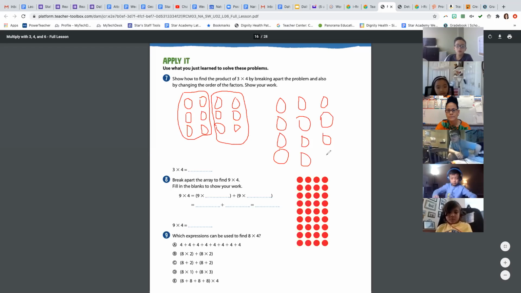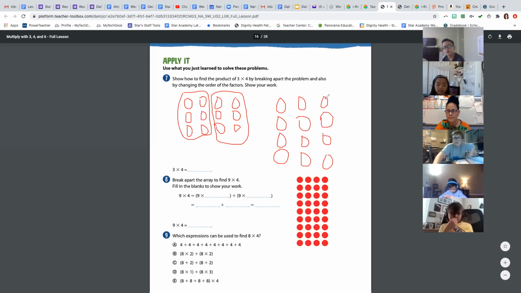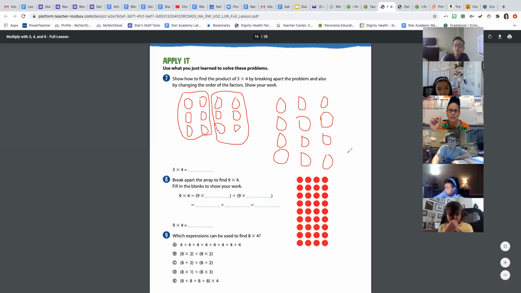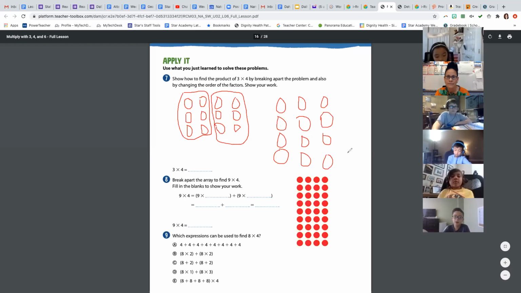When we take this original 3 by 4 array and tip it, we now end up with 4 rows and 3 columns. So what was a 3 by 4 is now a 4 by 3. And again, friends, that supports the commutative property of multiplication. We can flip those factors. The product doesn't change, and that is exactly the point here.